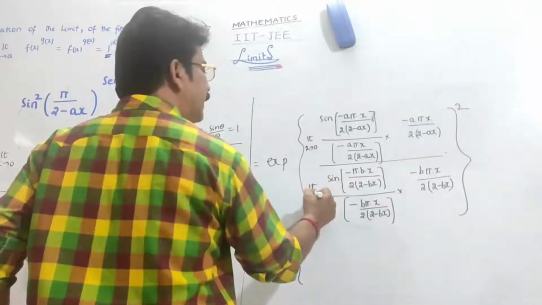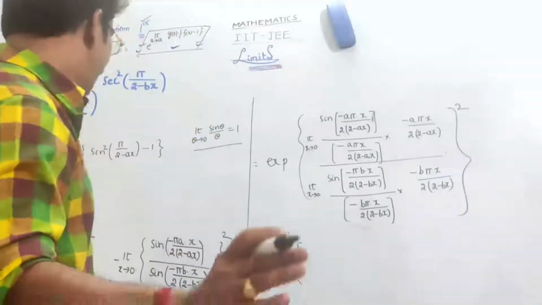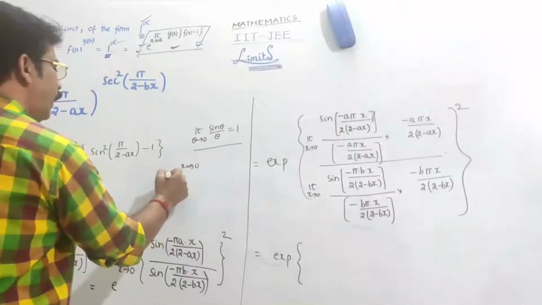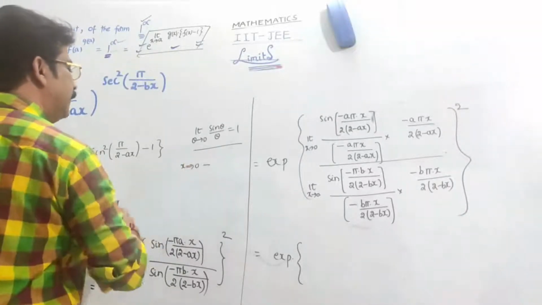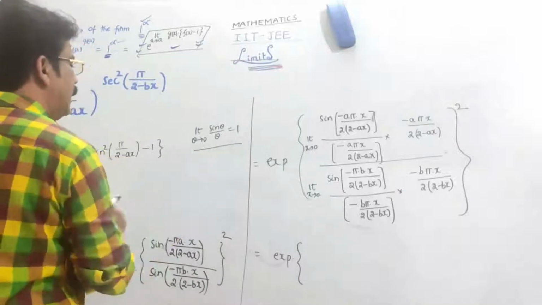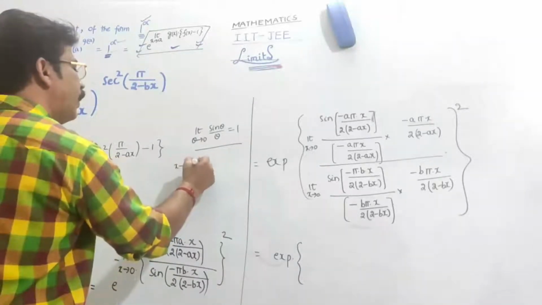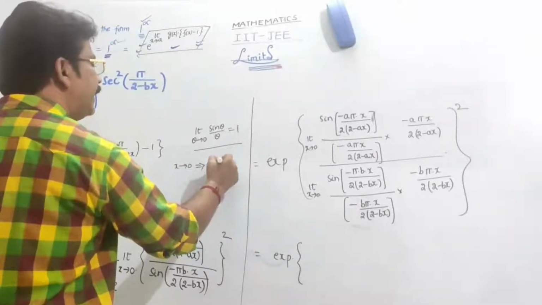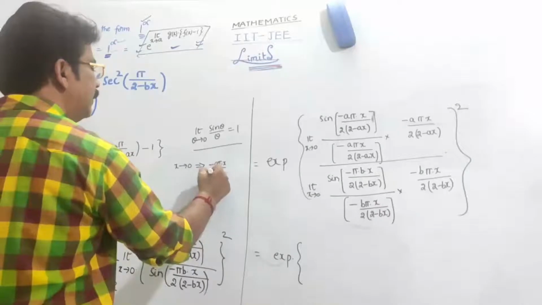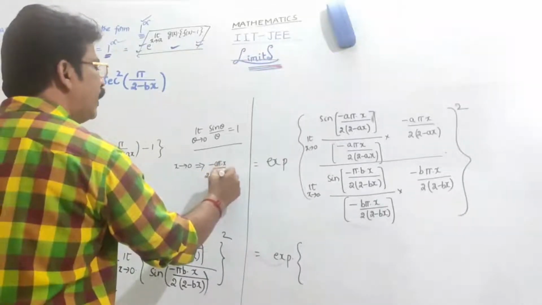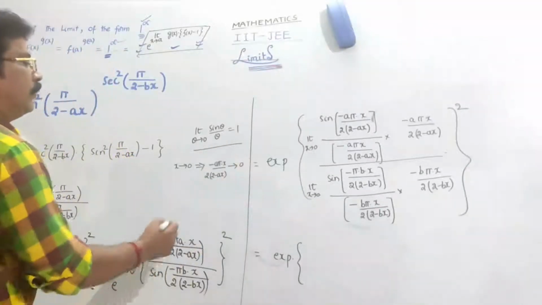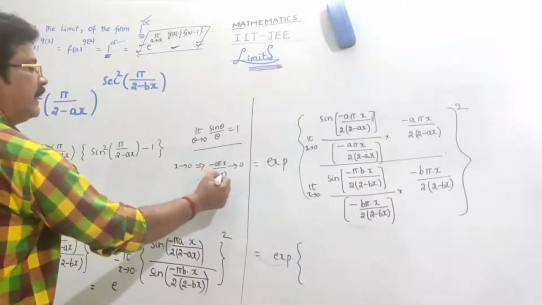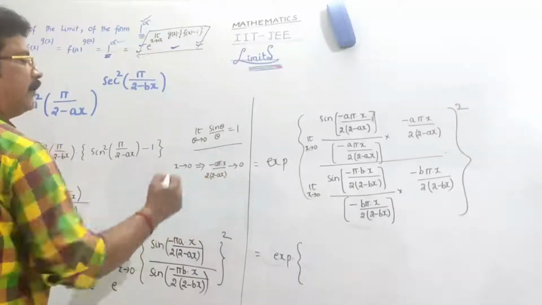Here also limit x tends to 0. I am saying that as x tends to 0, minus a pi into x divided by something finite also tends to 0. So the multiplication of minus a pi divided by 2 into (2 minus ax) also tends to 0.